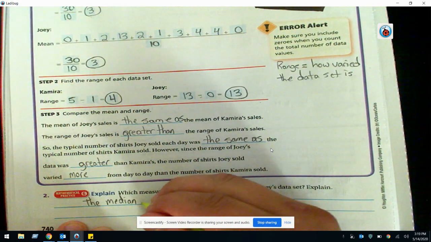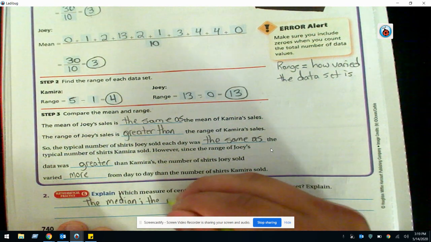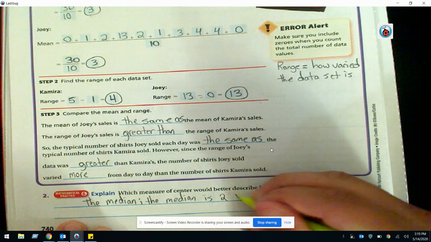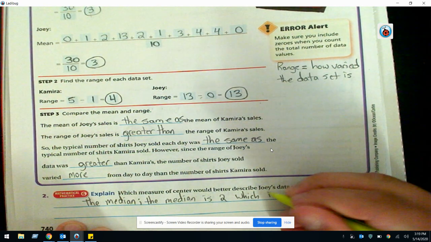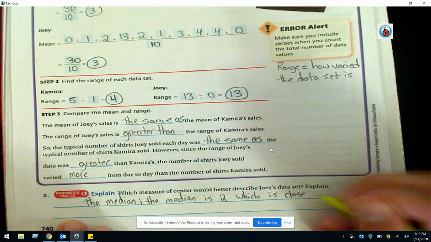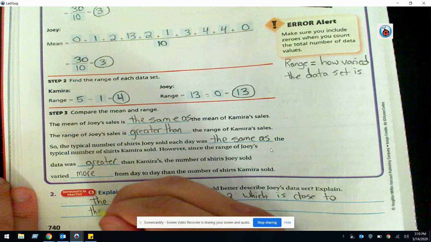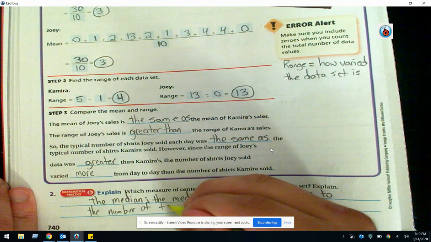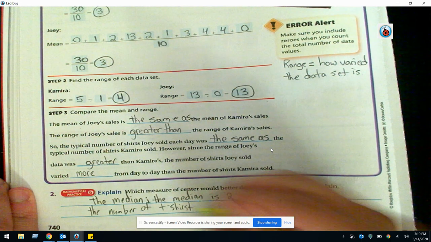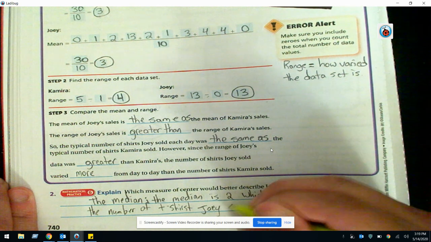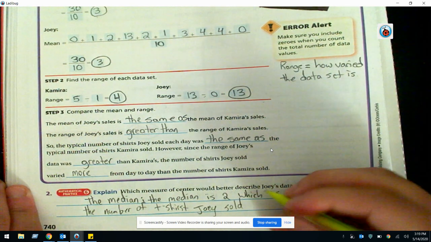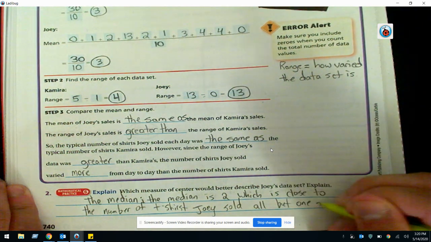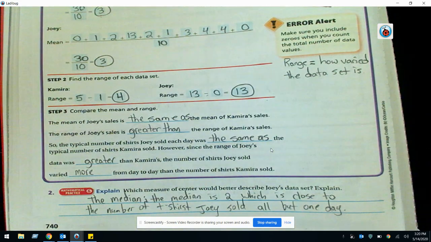The median is 2, which is close to the number of t-shirts Joey sold on all but one day, because we got 2 when his mean was 3.